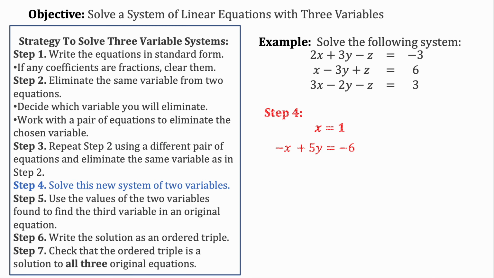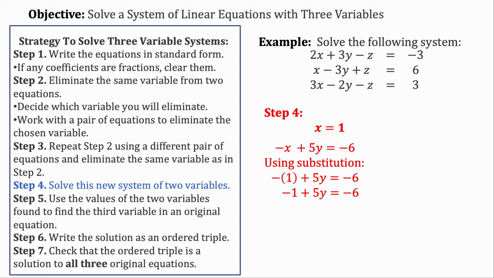So step 4, we're going to use those 2 equations to solve the system with x and y. Now, the great thing about this particular step is when I did that first elimination, I found that x was 1. So I can just immediately plug in 1 to that spot. So by substitution, I get -1 plus 5y equals -6.